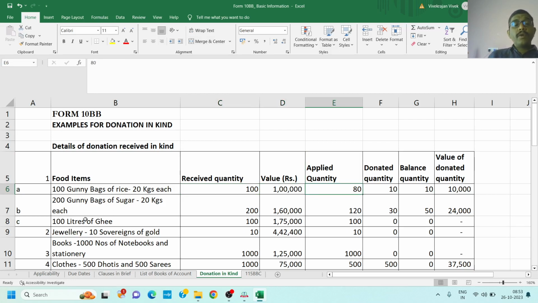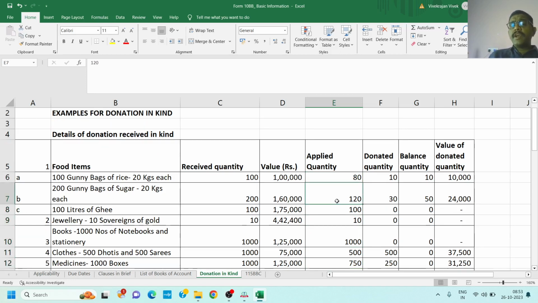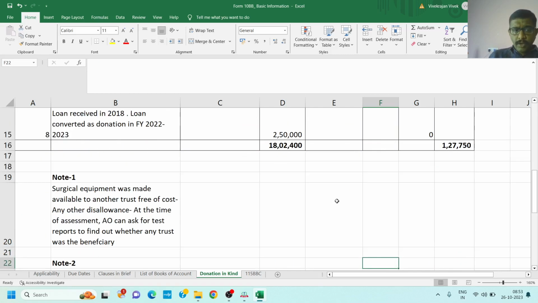In this scenario, out of the 100 quantities of rice that the trust has received, the trust has applied 80 bags of rice. It has donated 10 bags of rice, and the balance quantity available with the trust is 10. So in the applied quantity, we have the exact application by the trust, and in the donated quantity, we have the quantity that is being donated by the trust along with the value.